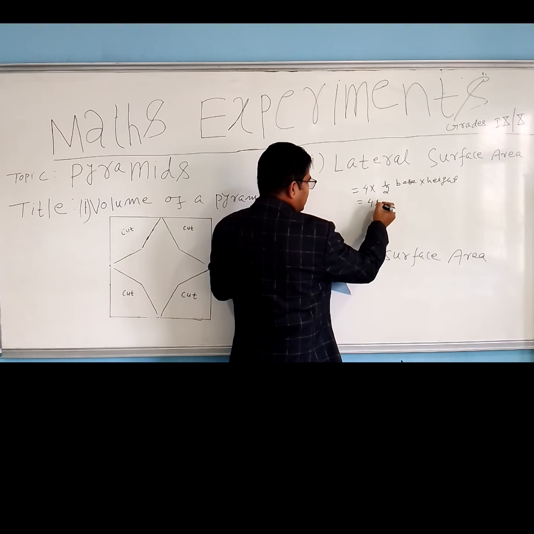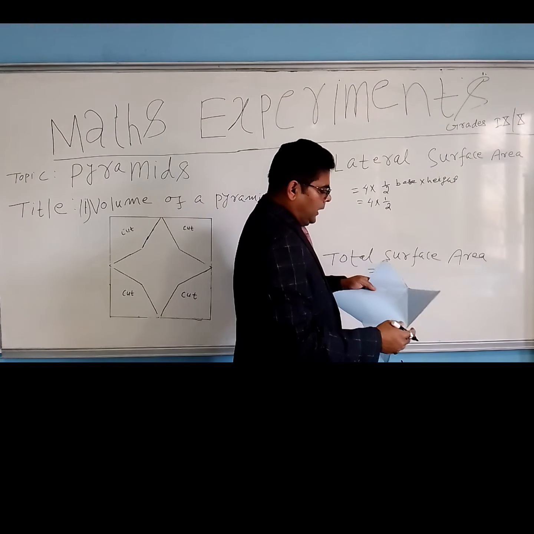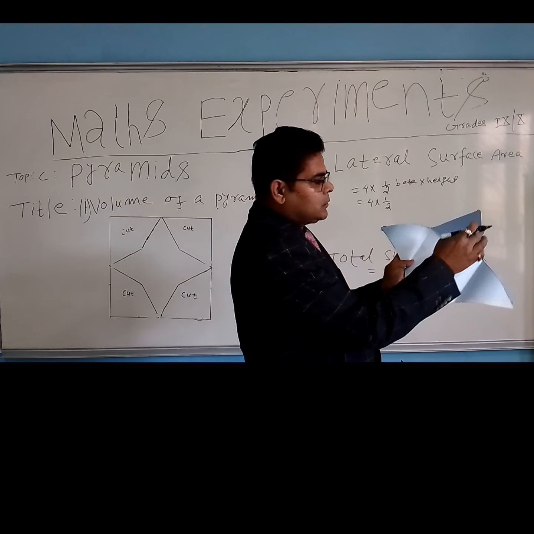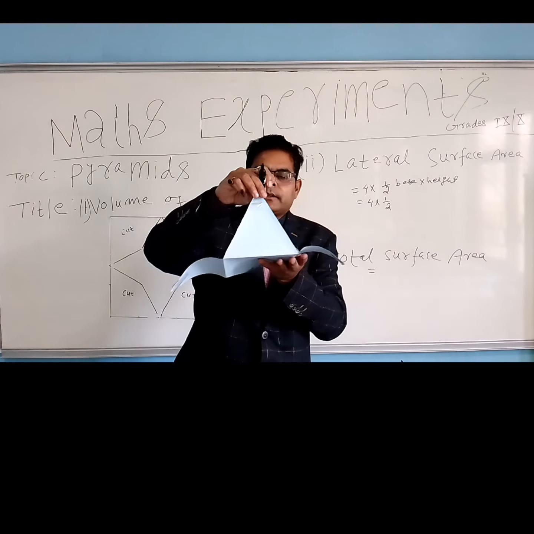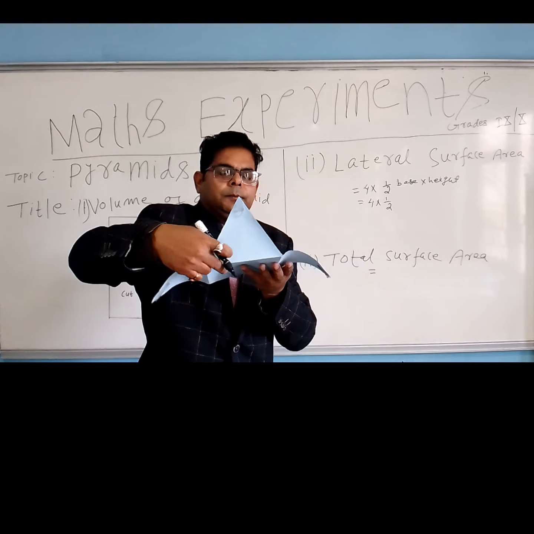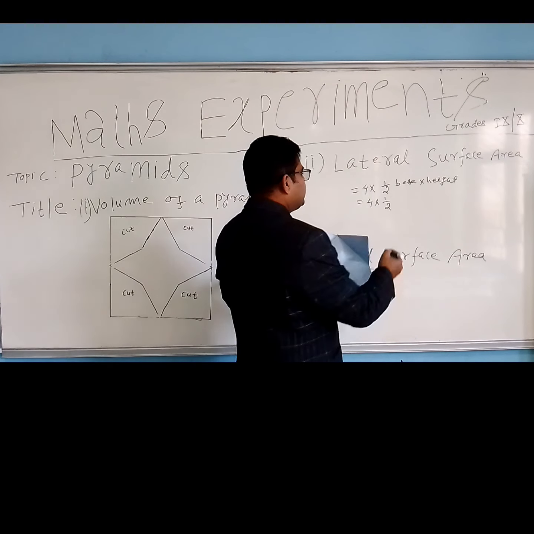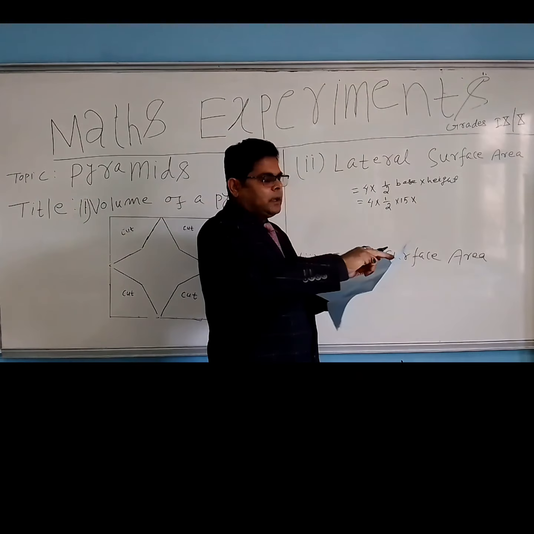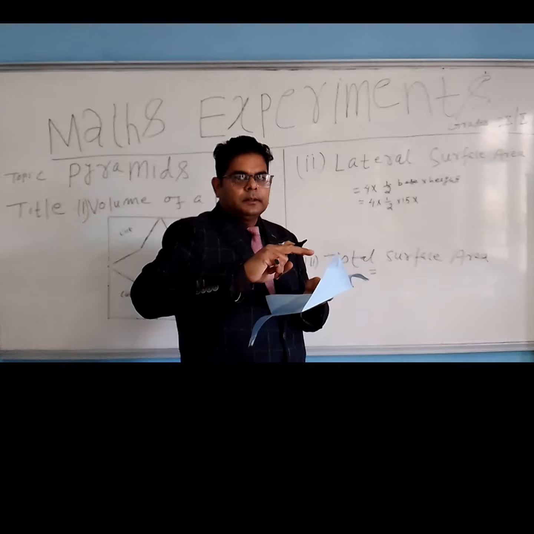So 4 times 1 by 2, and base means the side of the square where this triangle stands. Okay. So this length is 15, that is the base of this triangle. So I write here 15 times, and the height is how much? 13. Okay.